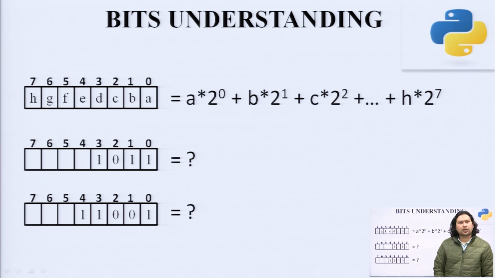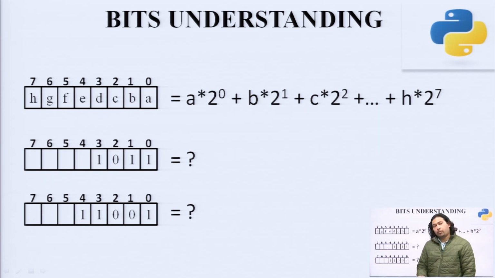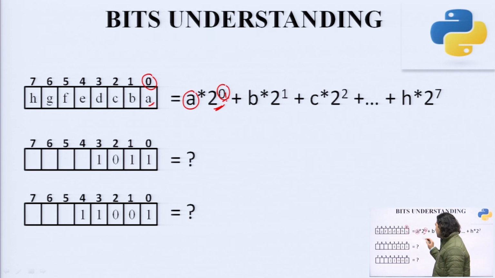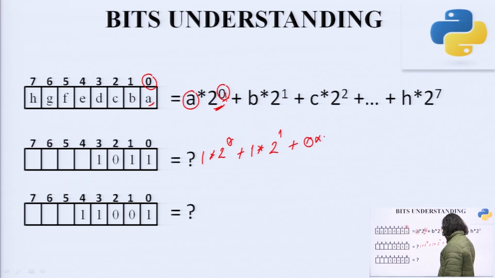Now, how are we going to convert from binary back to a number? Look at this one. This is the formula. Whatever value you have, you multiply with 2 raised to the power of its position. Similarly, here it is 1 multiplied with 2 raised to power 0, plus 1 multiplied with 2 raised to power 1, plus 0 multiplied with 2 raised to power 2, plus 1 into 2 raised to power 3.